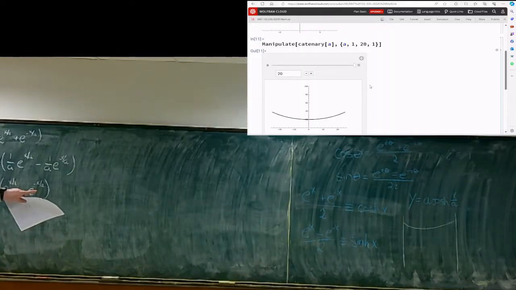By the way, looking at those definitions, you should easily see that the derivative of hyperbolic cosine is hyperbolic sine. The derivative of the hyperbolic sine is hyperbolic cosine.